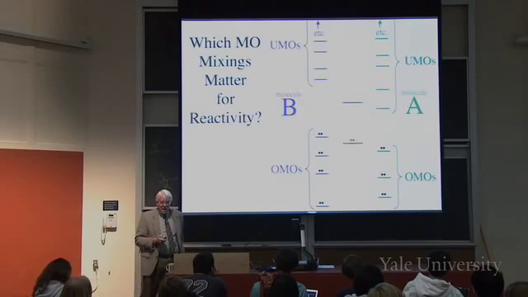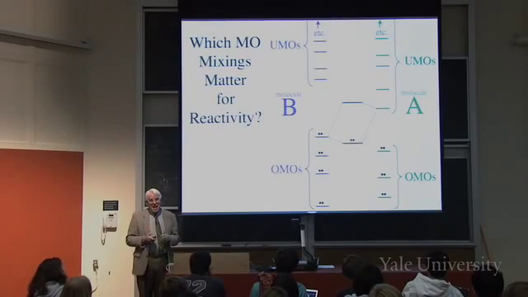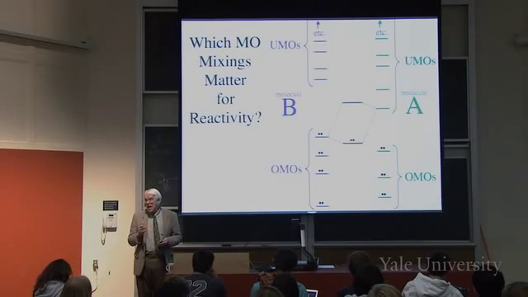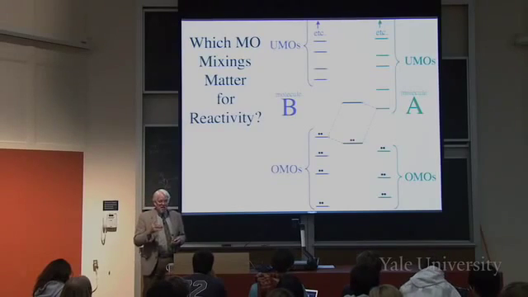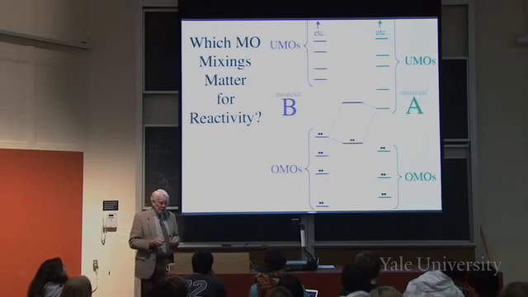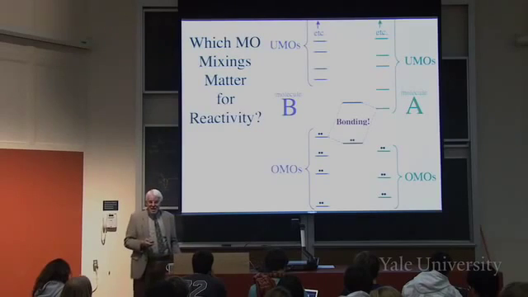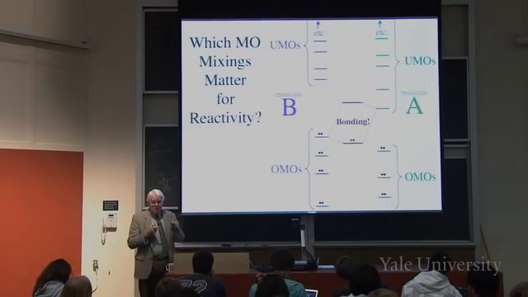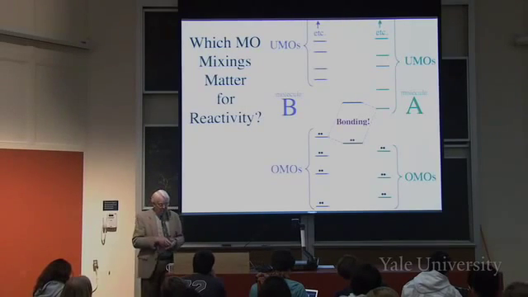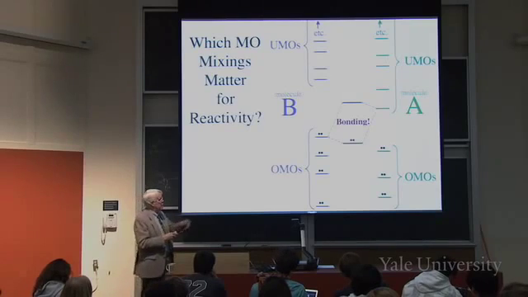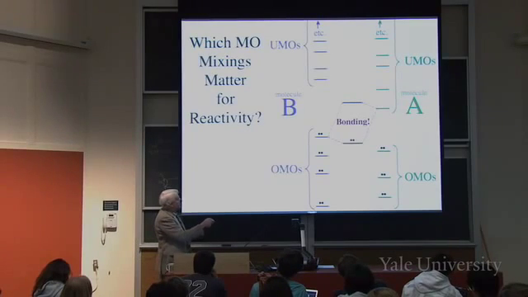Now, how about here? Now that's not bad energy match. I mean, it's not great energy match, but it's certainly better than any other pair of occupied with vacant. Okay? So that means that pair will go down, right? And you'll get bonding if the energy match is good enough that the amount that they go down is significant. Okay? So remember when we tried the same thing the other direction, from the highest one on the right to the lowest one on the left, the energy match was not good.